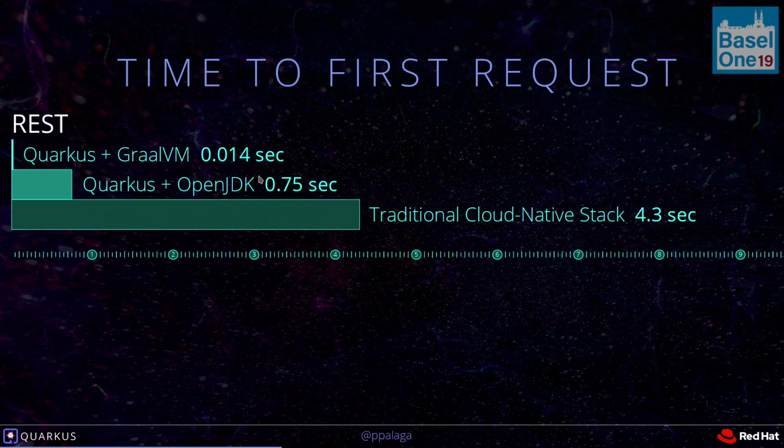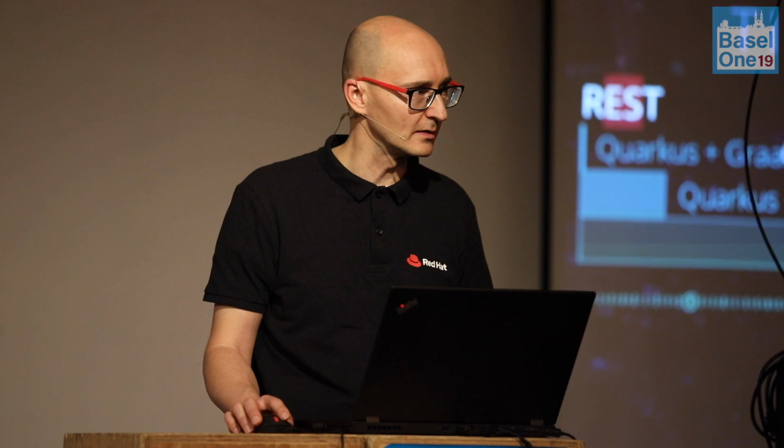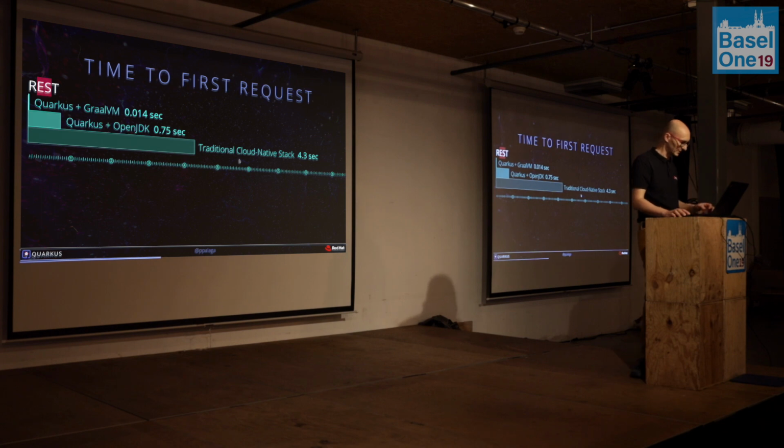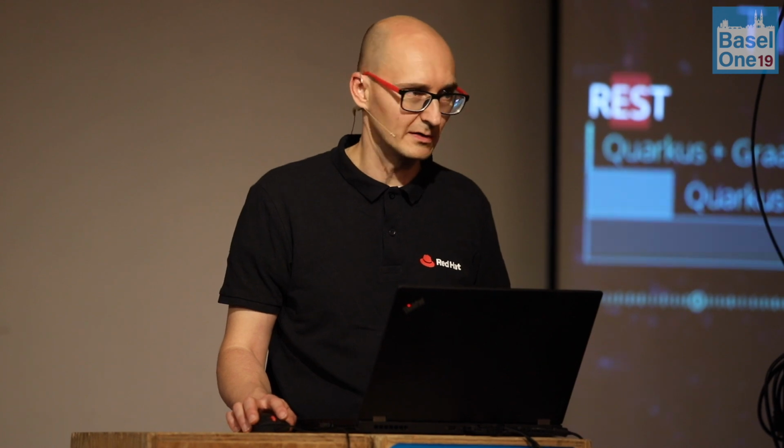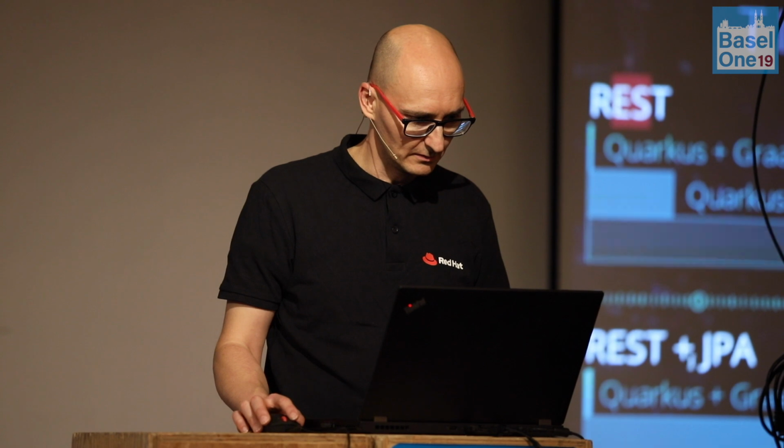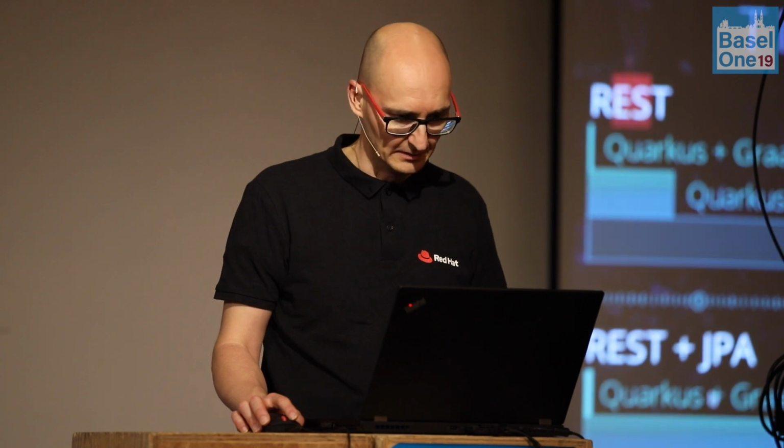So in the JVM mode, we are under a second, again for the simple REST application, and with traditional cloud-native stack, we are at a couple of seconds, which is how much faster? 100 times. Nice. So again, the numbers are slightly different when we add the JPA to the mix, but you get the idea.